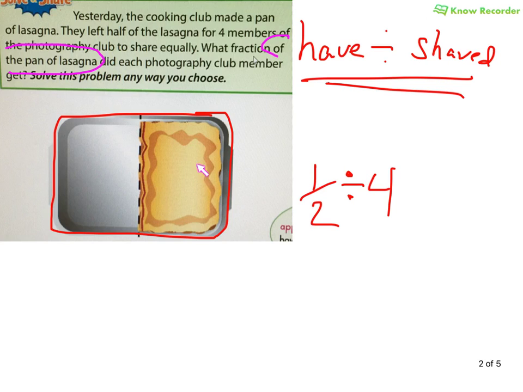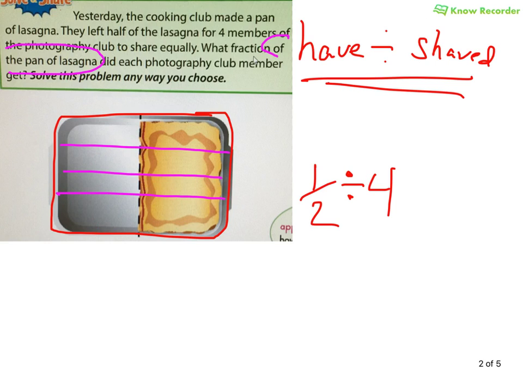They were talking about the whole. All right? Because what I need to do is cut that piece for each person. And if you notice, each person gets 1, 2, 3, 4 pieces out of that half, right? But they want to know the whole pan.